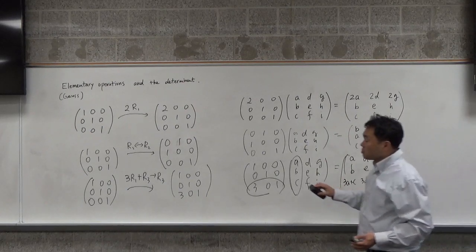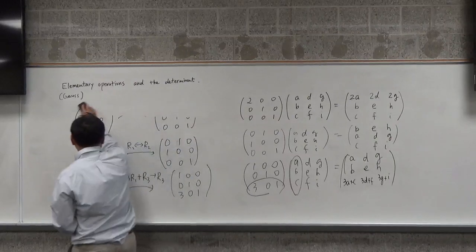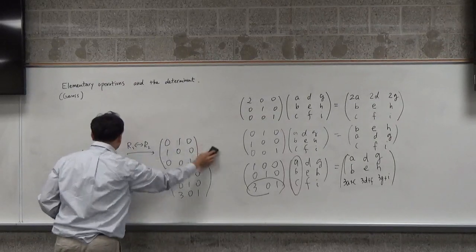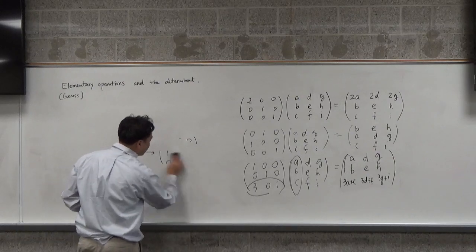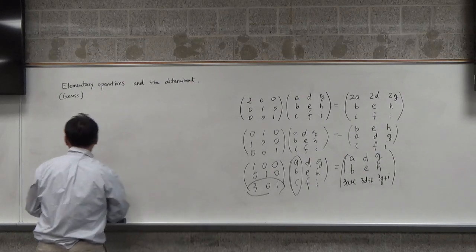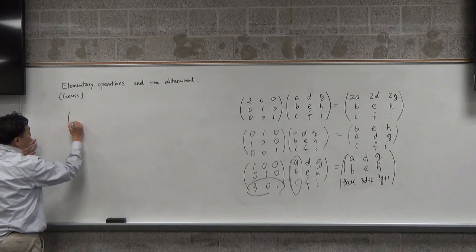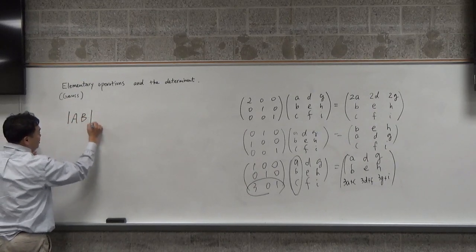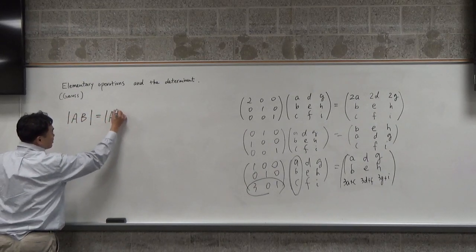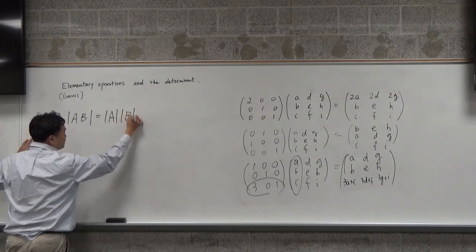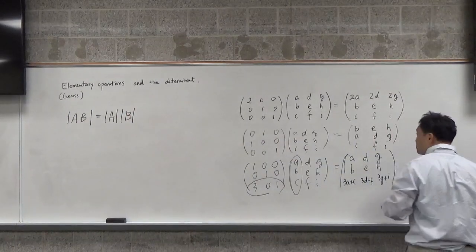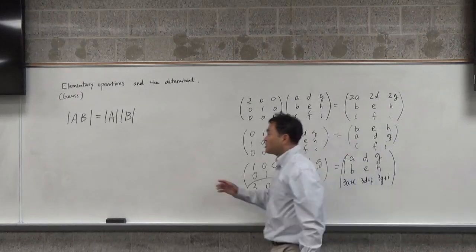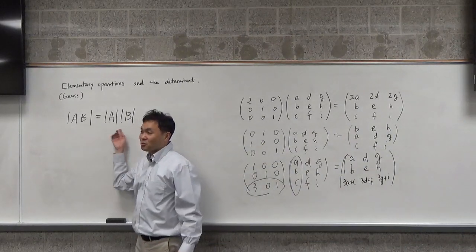So probably the most important property of the determinant is that determinant of A times B is same as determinant of A times determinant of B. I didn't prove this, but I kind of explained why this is true.